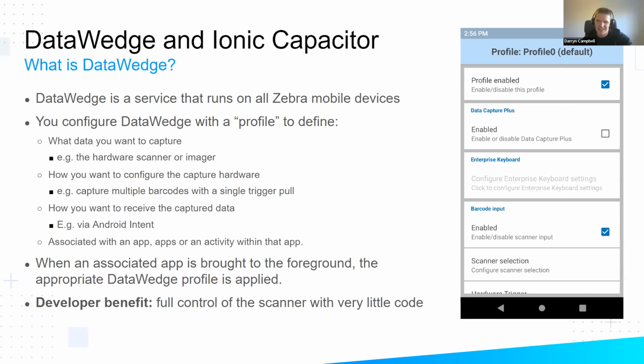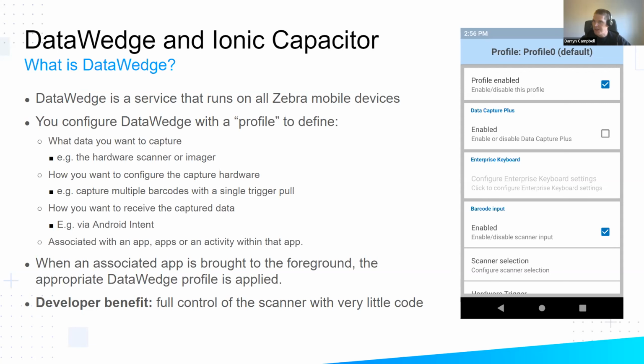That's not very easy for the application to parse out. And so most apps nowadays will use Android intents. You end up with an intent handler in your application, and that's how you receive barcode scans. And the obvious elephant in the room here is that Ionic does not natively support Android intents.